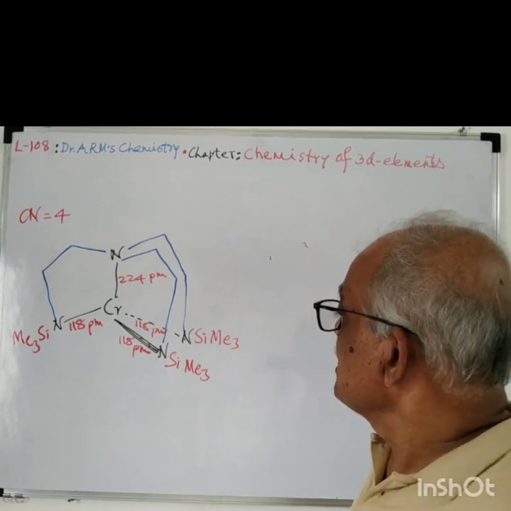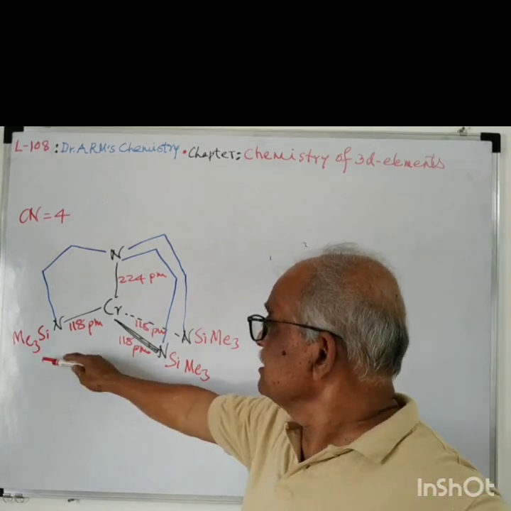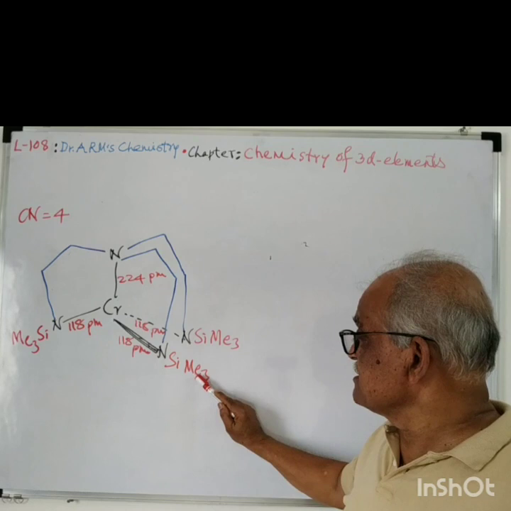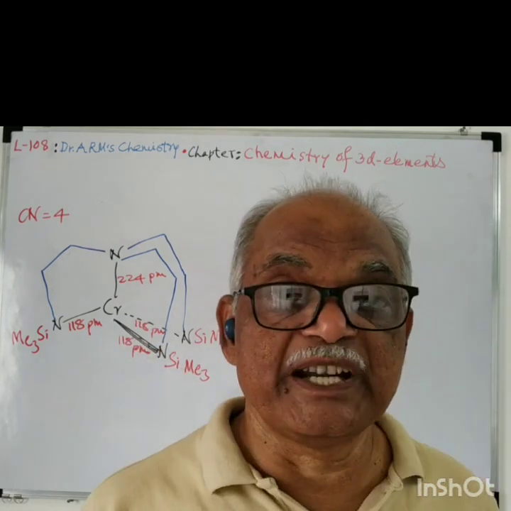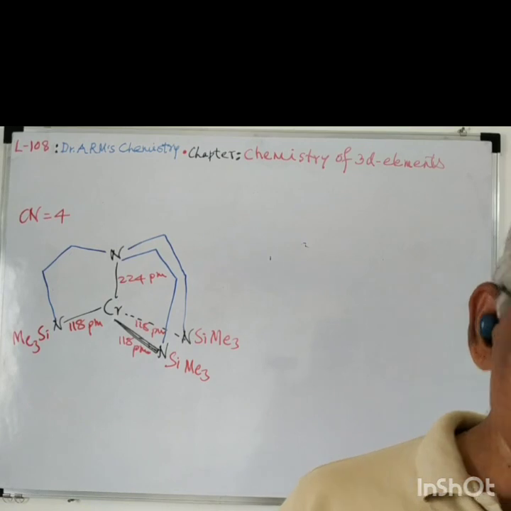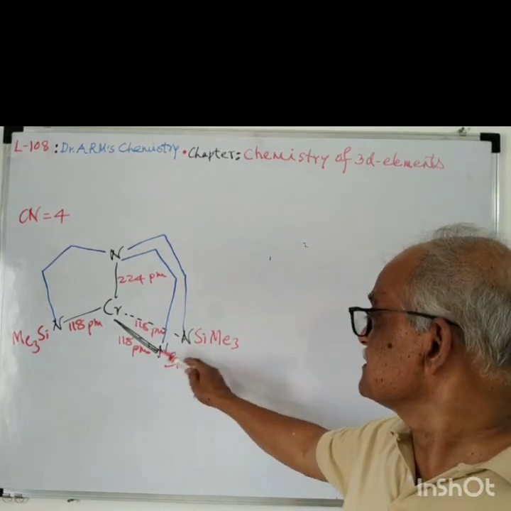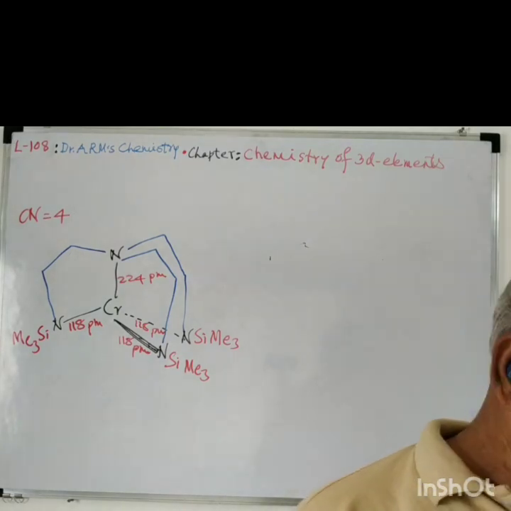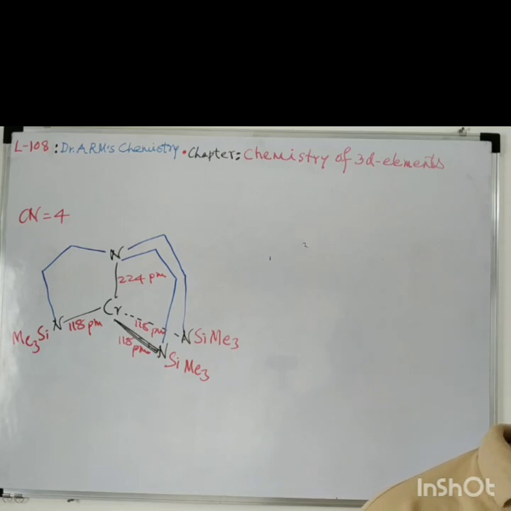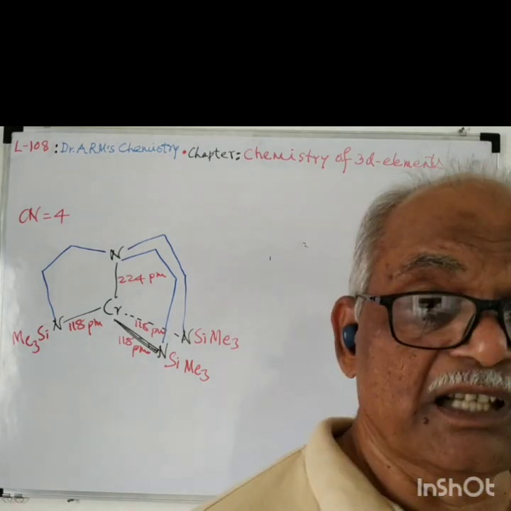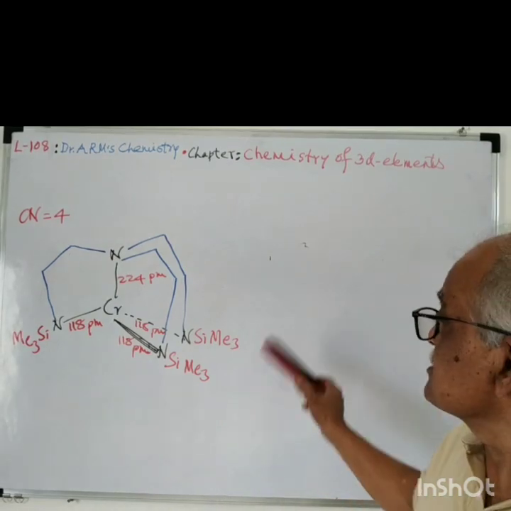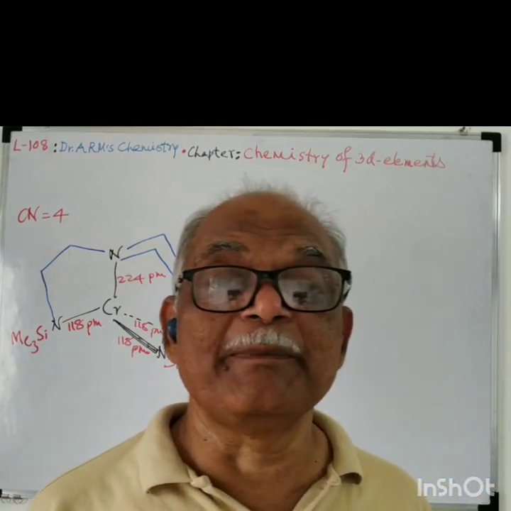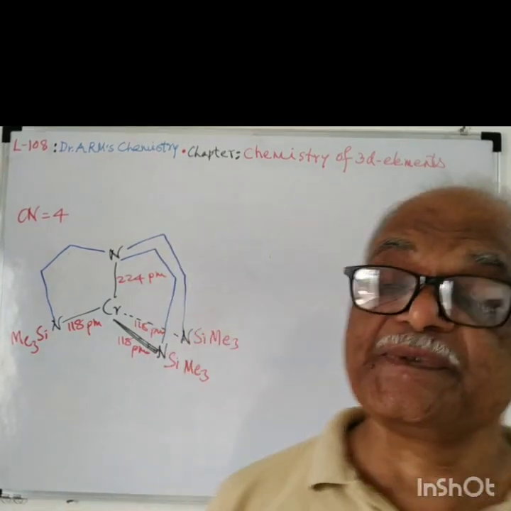This is also because of electronic effects, because of the Me3 substituents present in the ligands attached to silicon, Si. The solid state structures are apparently simple anions. In some cases, the structures in solid state are apparently polymeric, and you will find that.